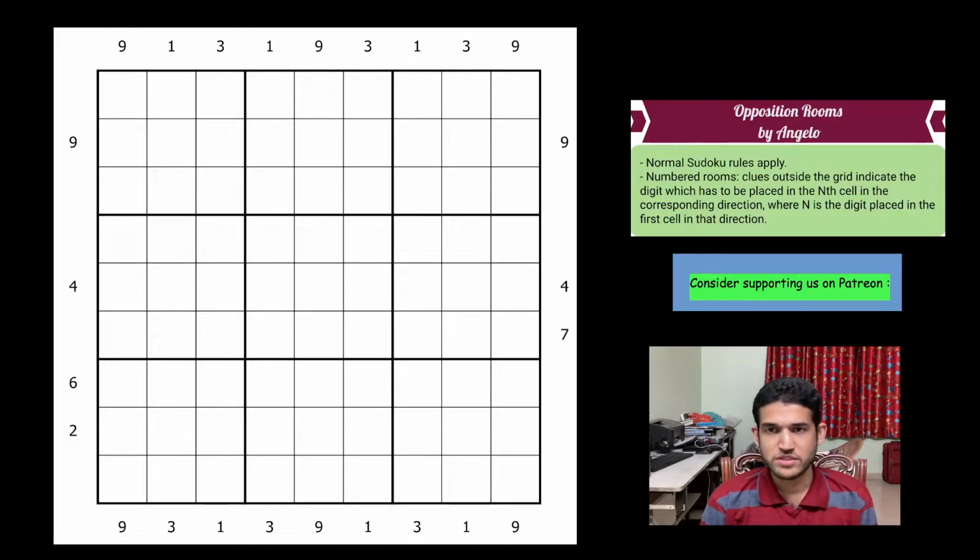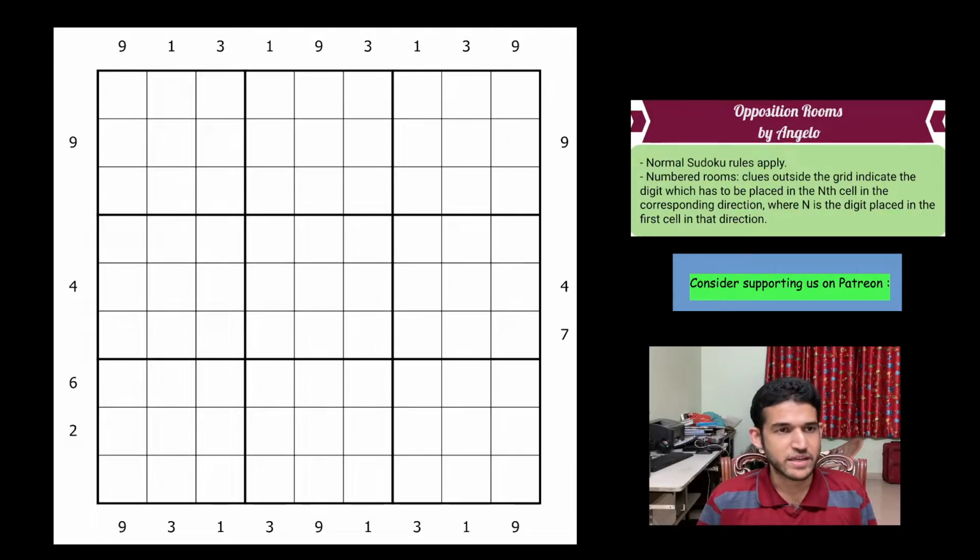I'll move into the rules now. Classic Sudoku rules apply. So each row, each column and 3x3 box in the grid has digits 1 to 9, no repetitions, and numbered rooms. Clues outside the grid indicate the digit which has to be placed in the nth cell in the corresponding direction, where n is the digit placed in the first cell in the direction.